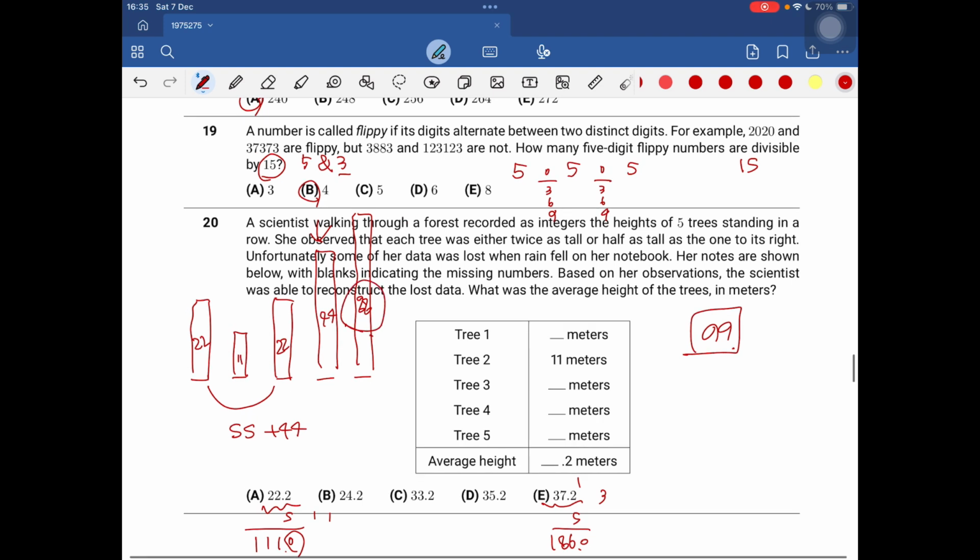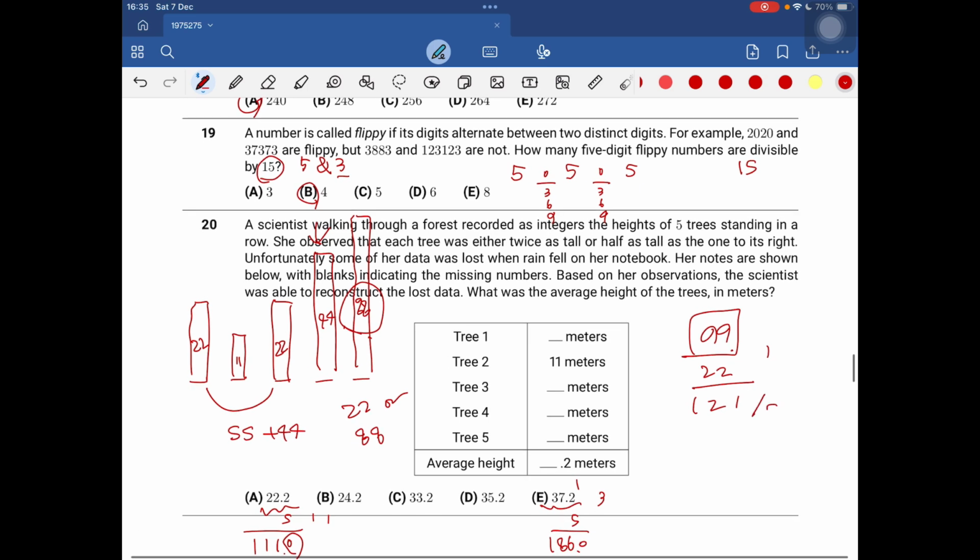So last three can be 22 or 88. Let's say if it is 22, then 121 divided by 5, 24.2.